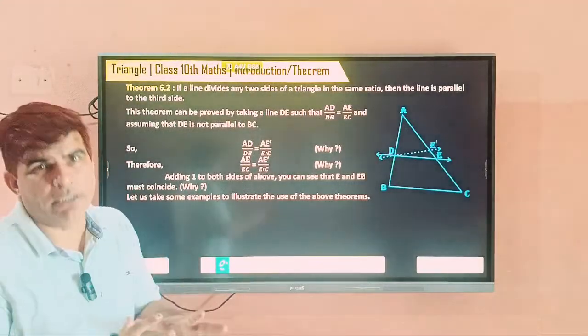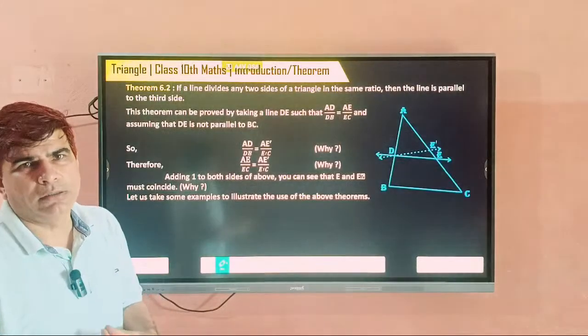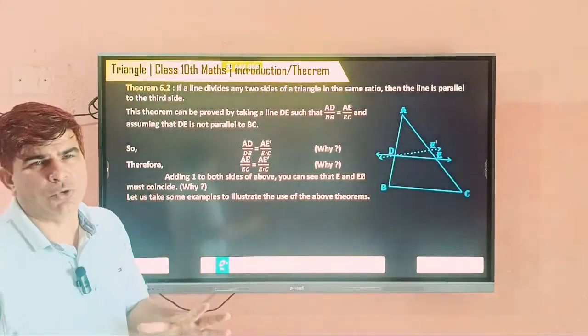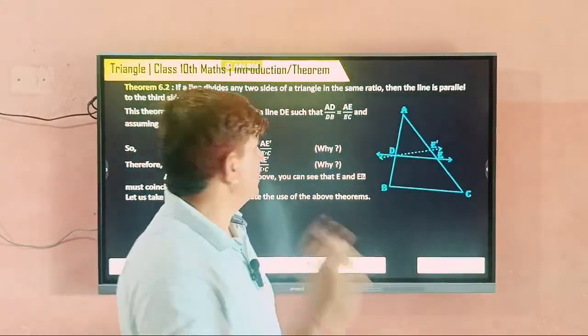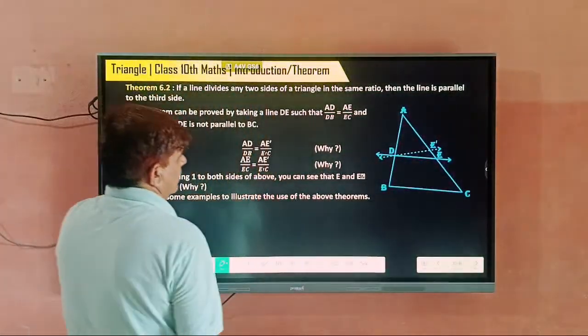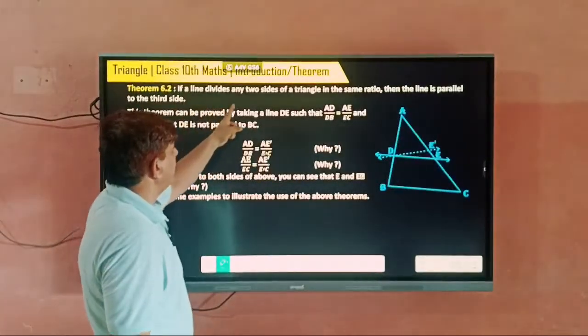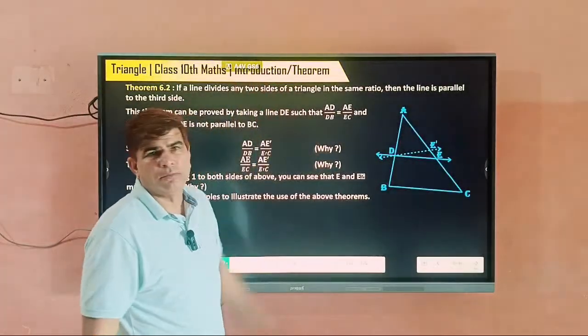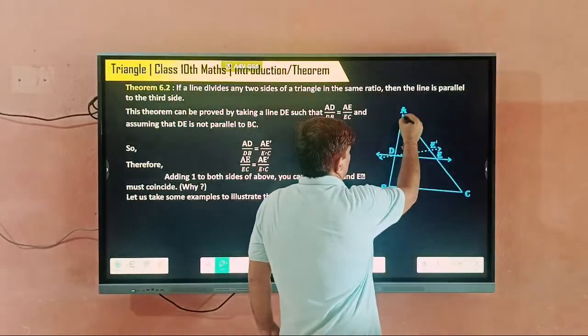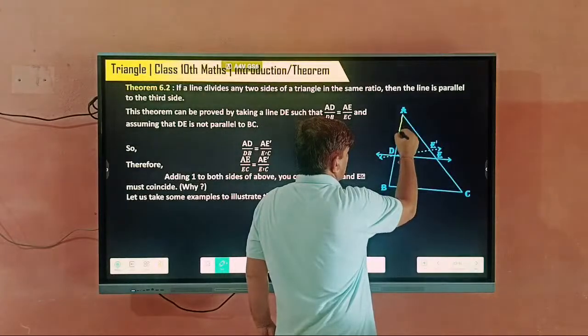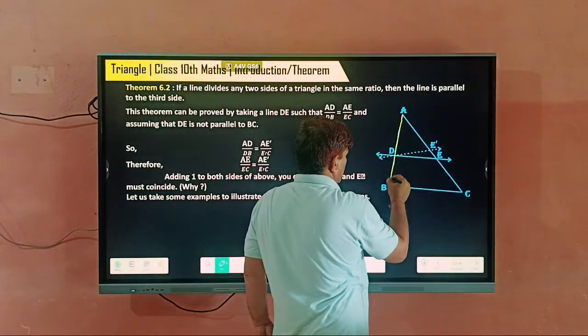If a line segment divides the two sides in the same ratio, then that line segment is definitely parallel to the third side. This is the converse of BPT. So if a line divides any two sides of a triangle in the same ratio, we have taken this triangle. What's the name of this triangle?